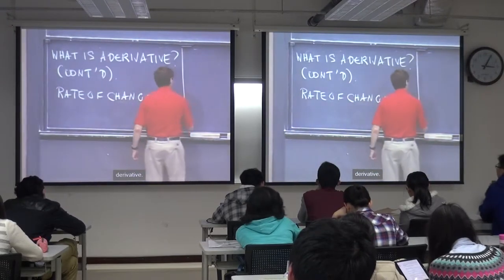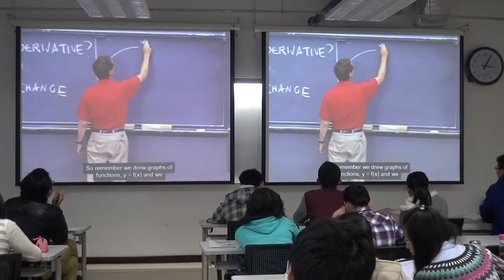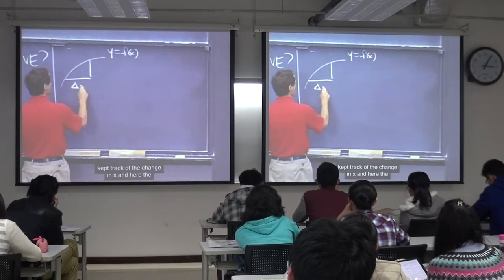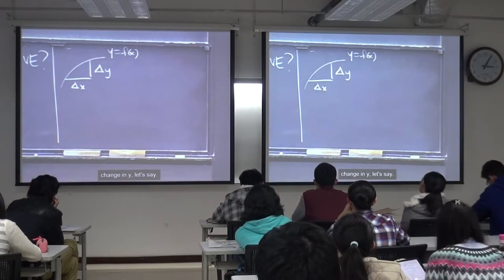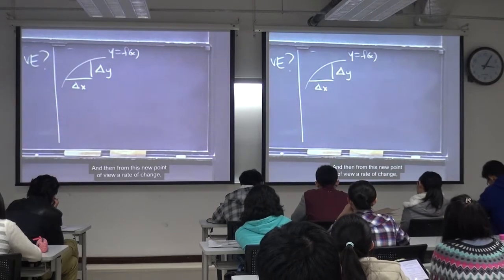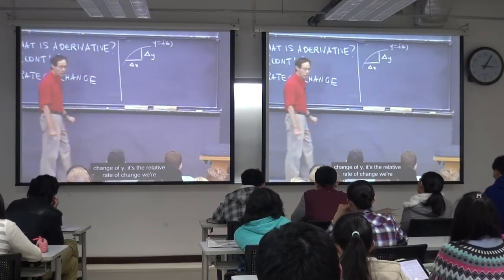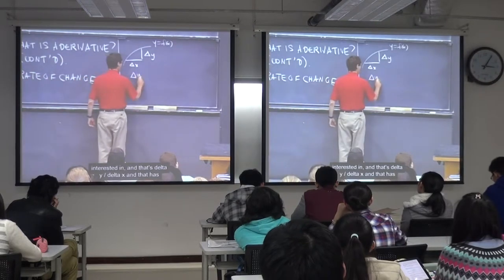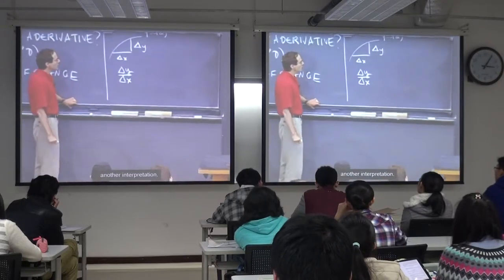Rate of change. So remember, we graph functions, y equals f of x, and we track the change in x and the change in y. And then, from this new point of view, keeping track of the rate of change of x and the rate of change of y, it's the relative rate of change we're interested in, and that's delta y over delta x. And it has another interpretation.